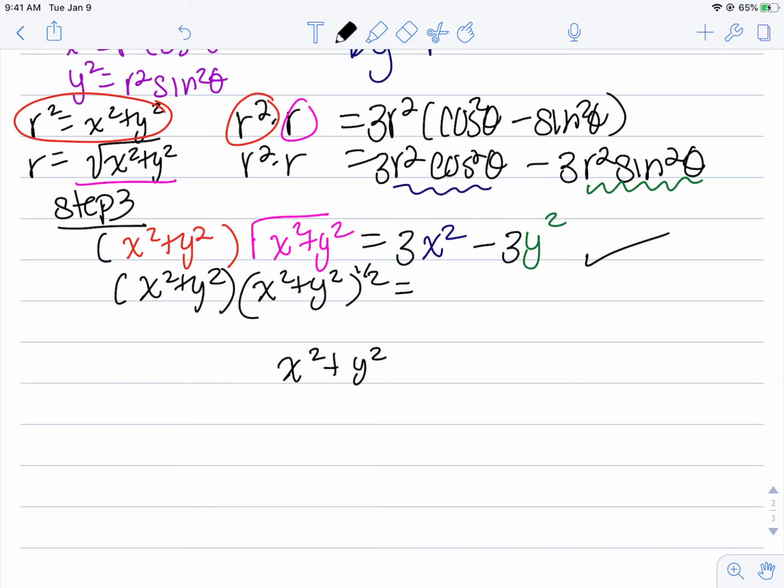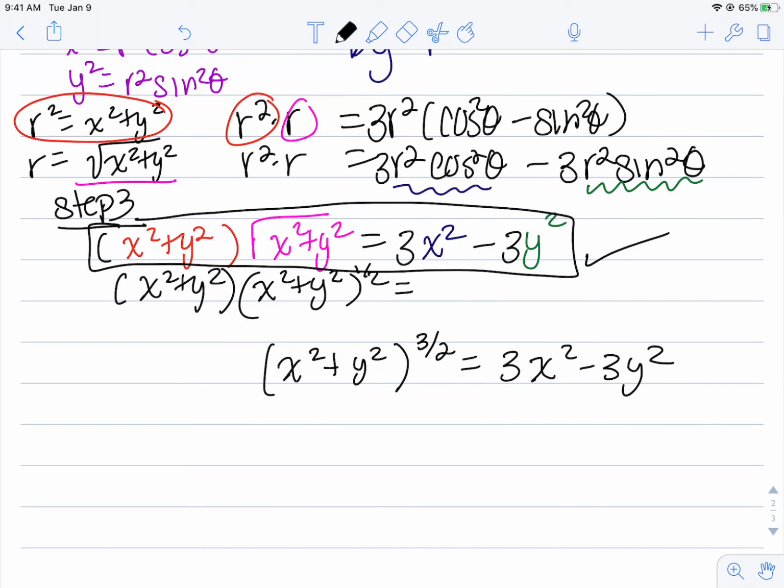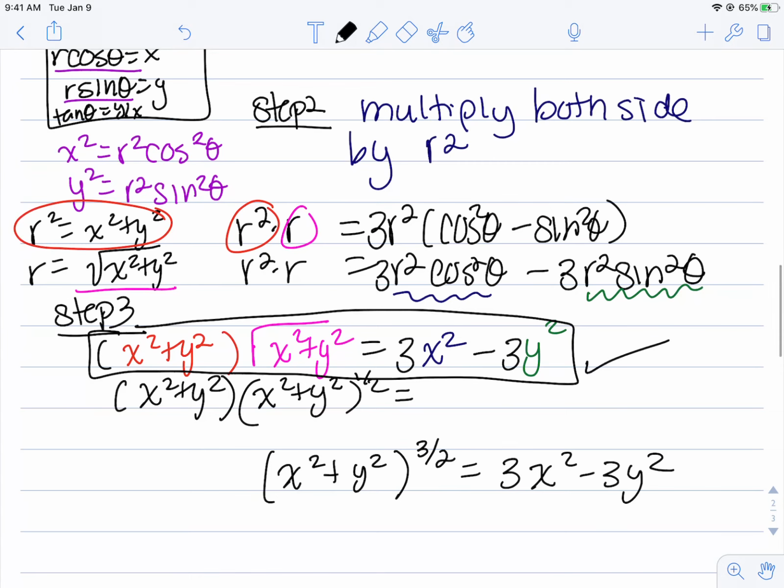When you are multiplying exponents, you simply add. So this is x squared plus y squared to the 3/2 equal to 3x squared minus 3y squared. Again, you can leave the original as it was, but let's say this is a matching or multiple choice, then you want to match the most simplified form to whatever I give you, which would probably be the most simplified form.